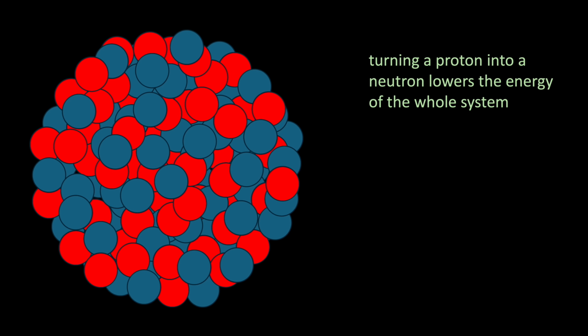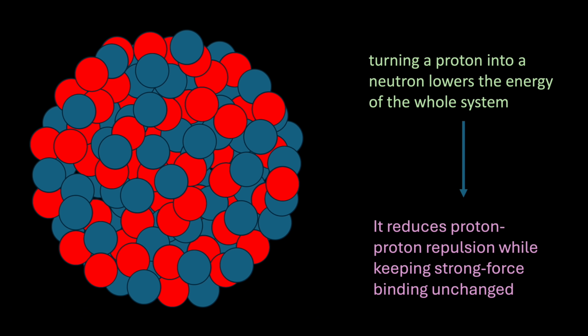But in many heavier proton-rich nuclei, the situation is reversed. There, turning a proton into a neutron can lower the total energy because it reduces proton-proton electric repulsion while keeping the strong force binding largely unchanged. Crucially, this only helps if the change moves the nucleus towards its locally preferred neutron-to-proton balance.